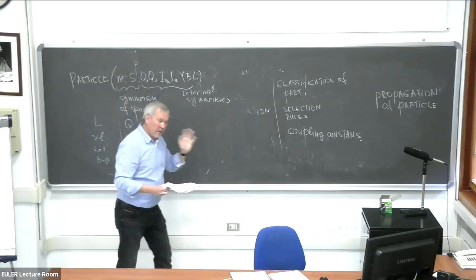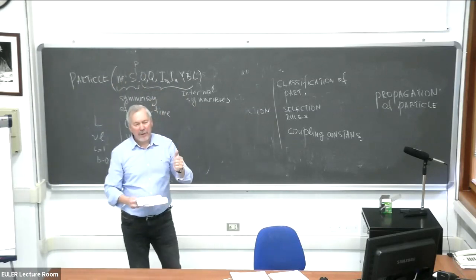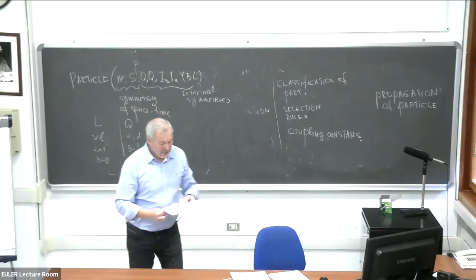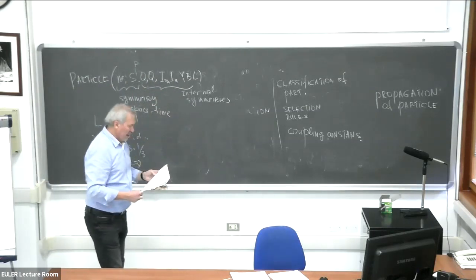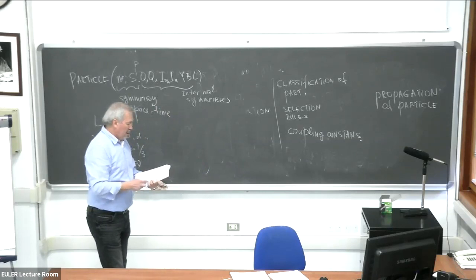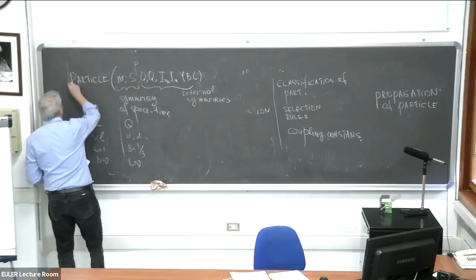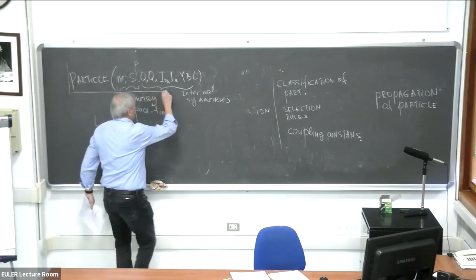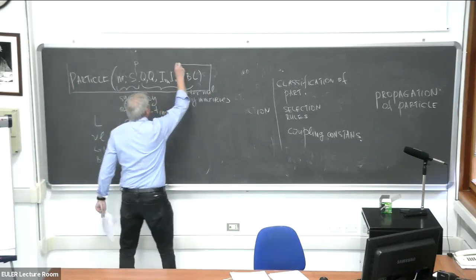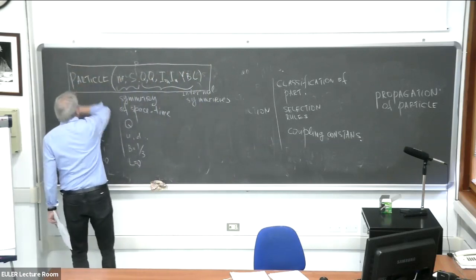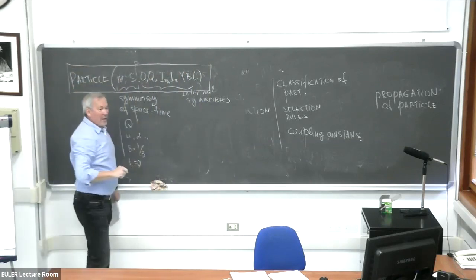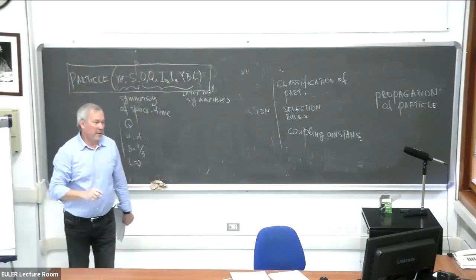I know how it will be produced, how it will propagate, and how it will decay or interact with other particles. Okay? So again, an elementary particle is a structureless object which is characterized by these physical quantities.